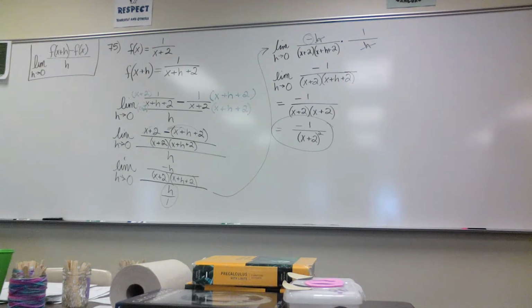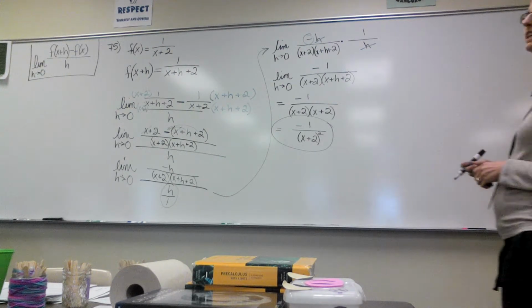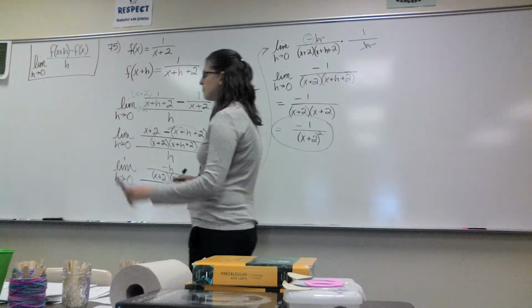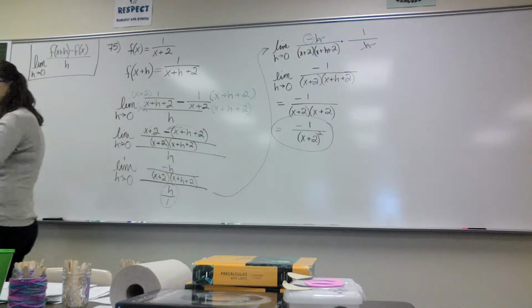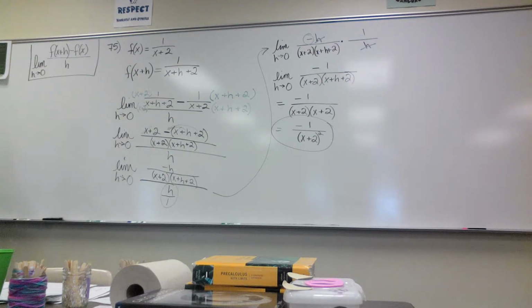Let me tell you where this comes from. Okay? So here's what you're finding. Before I do that, how do you find the slope? Between 2 points, how do you find the slope? Okay, that's slope-intercept form of a line that uses the slope, but how do I find the slope?